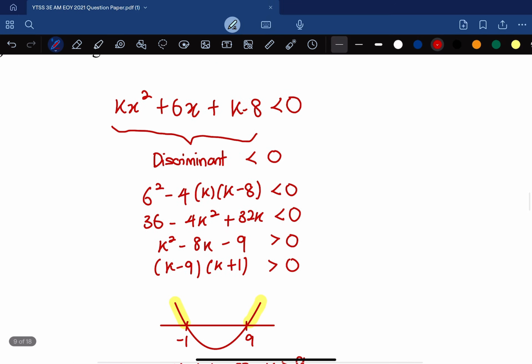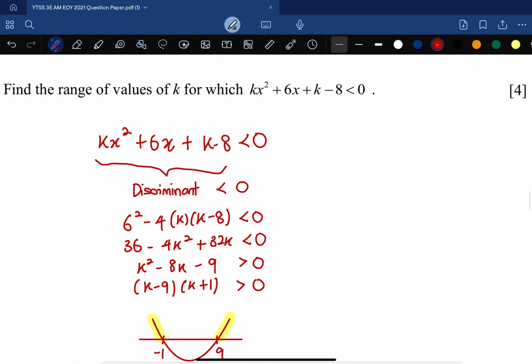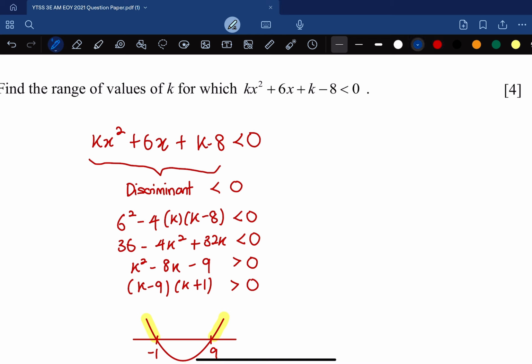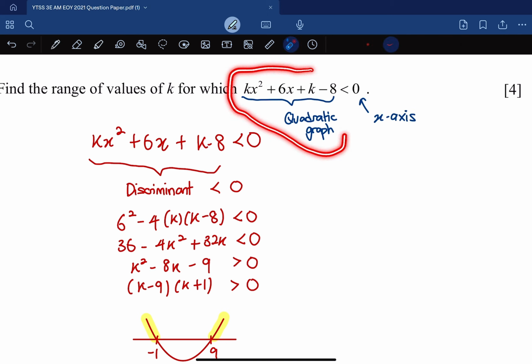Okay, and one more point to note, in case you don't understand: this is a smiley face, a quadratic graph, and this is your x-axis. So let's say this question wants this quadratic function to be below the x-axis.